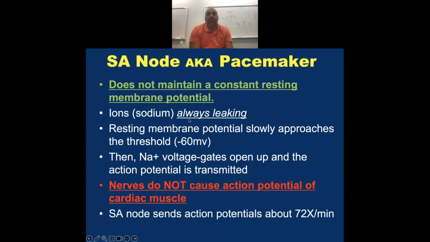So the SA node, it's the pacemaker, and we're going to talk about what makes it contract. It's just like muscle. Sodium comes in, and we have what are called leaky channels. I think they also call them funny channels, constantly leaking sodium in because the heart wants to constantly be able to contract as needed.